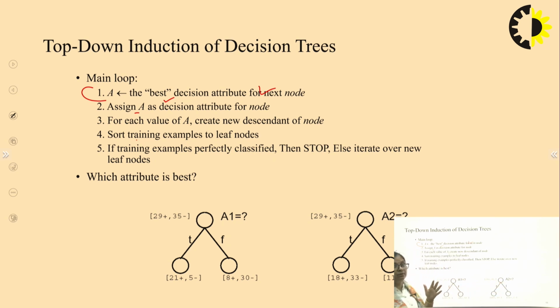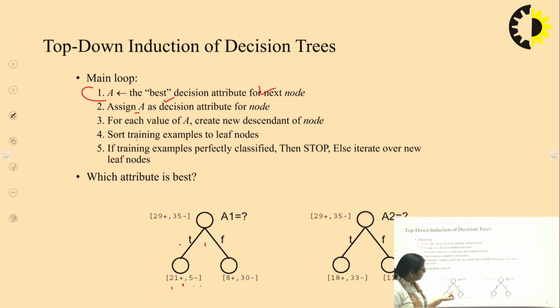At a particular situation, I have 29 positive and 35 negative examples, meaning the yes class and the no class. If I take the examples in which A1's value, which we call vi, can only be true or false, then I see that for true it is having 21 positive and 5 negative.